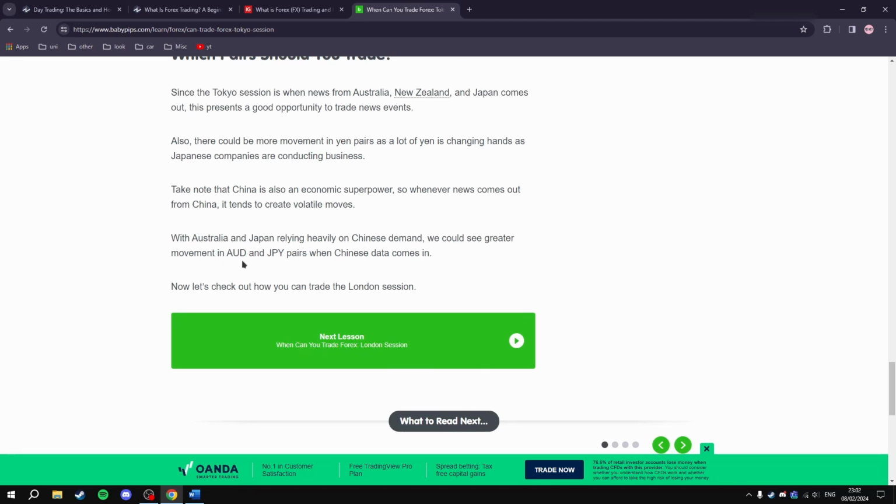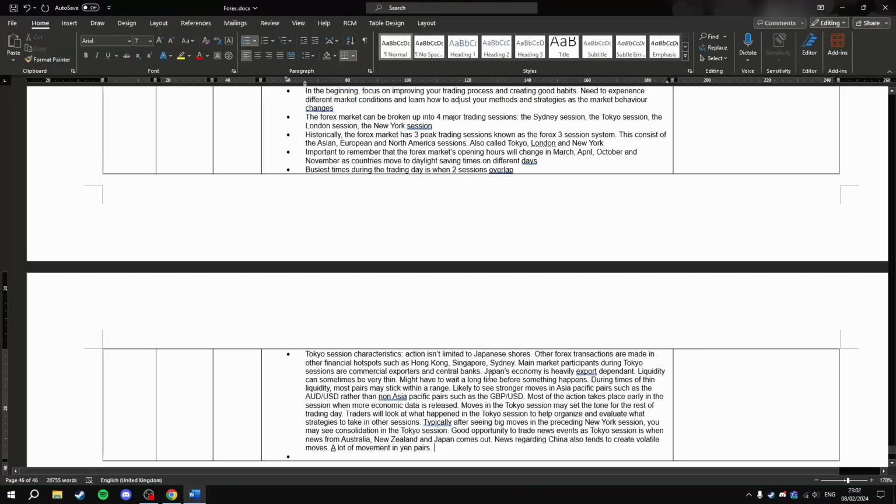We could see greater movement in AUD and JPY pairs when Chinese data comes in.